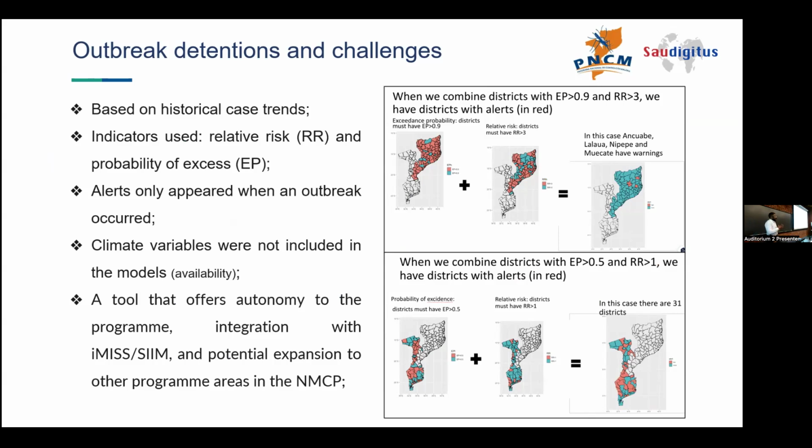This was a model they used, based on a Bayesian regression model, but they didn't have climate data to include in it. They just used the malaria cases alone.